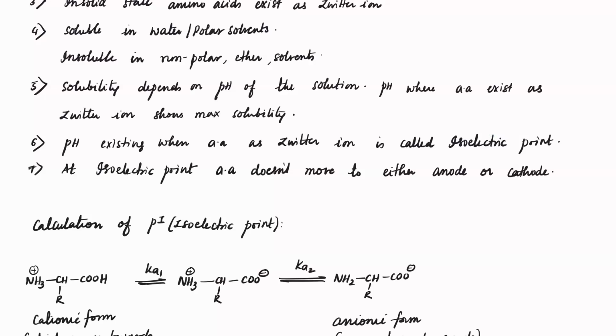It is called the isoelectric point. At the isoelectric point, amino acids will not move toward either the anode or cathode direction. Clear? So this logic we should know.